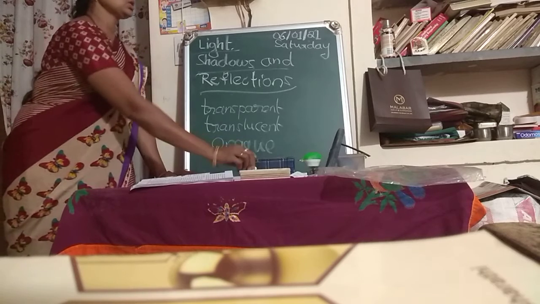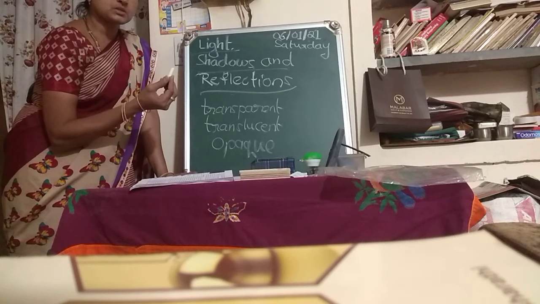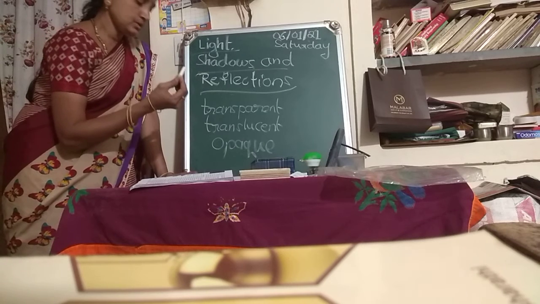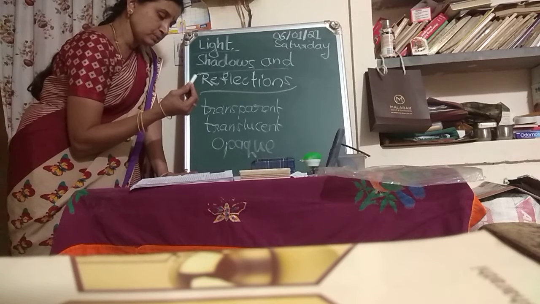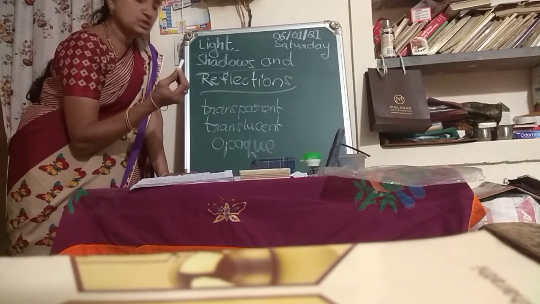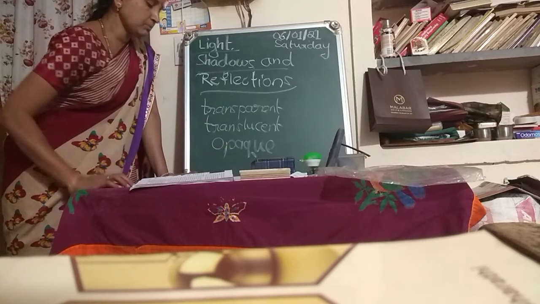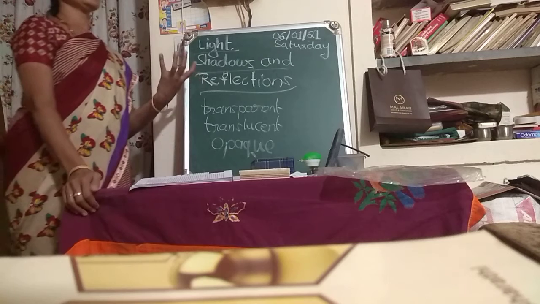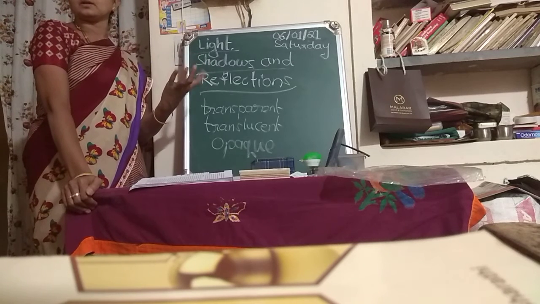Pencil or chalk is not transparent, you cannot view through it at all. So it is opaque. Pencil is also opaque. With the rubber ball also, we cannot see anything through it.